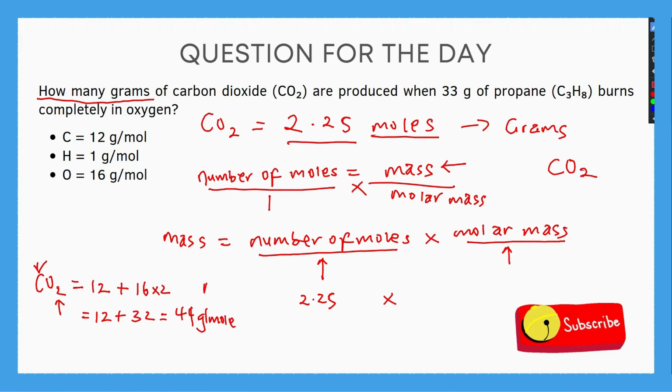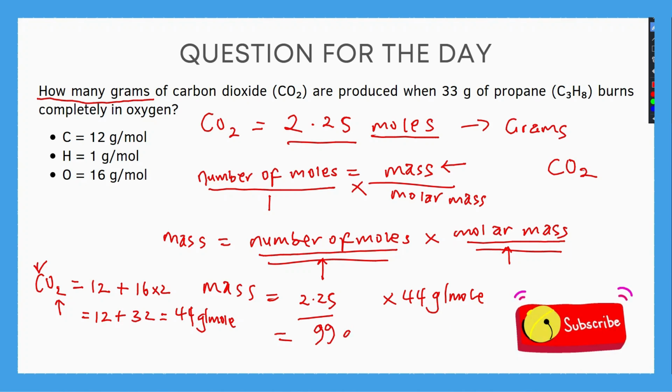So therefore, mass will be equal to number of moles, which is 2.25, times molar mass, which is 44 grams per mole. We do that math very quickly. We have 44 times 2.25. That is 99 grams.